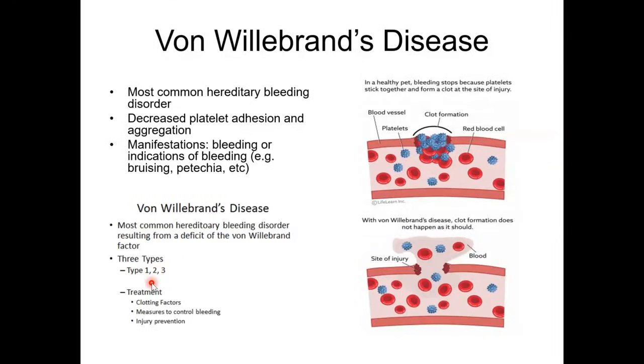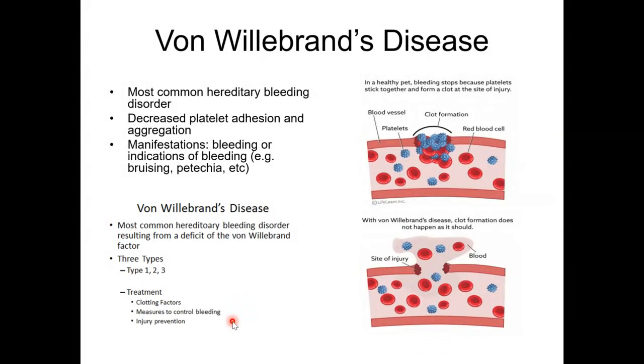Type 2 is a little more moderate instead of mild, and the body still makes the von Willebrand factor with 1 and 2. 1 works a little bit better, and in 2, the von Willebrand factor is made, but it doesn't work very well. Okay, so hence their platelets don't stick together. And then 3 is the most severe. Sometimes their body doesn't even make hardly any von Willebrand factor. So again, 1 being the most common. How do we treat them? We can give them clotting factors.